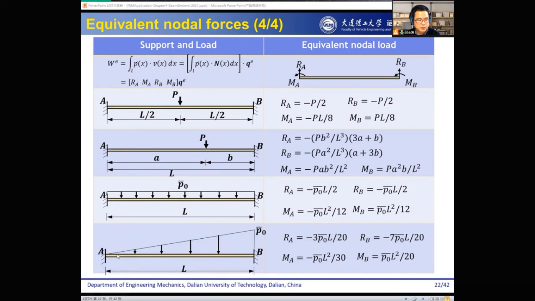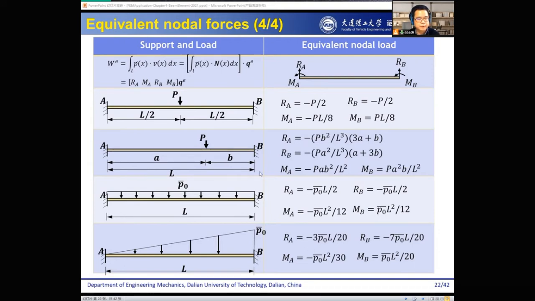And this is the triangular distributed force on the beam. And for different cases, you can use the formula to work out the equivalent node forces. For example, we convert this force to node A and B, and we work out the equivalent cases. And here we also work out the equivalent cases.